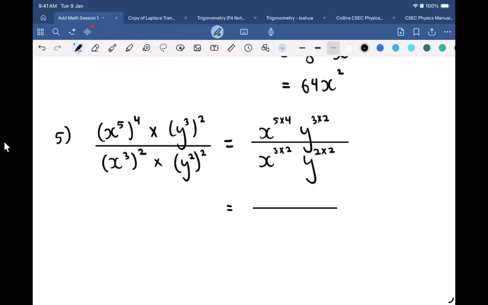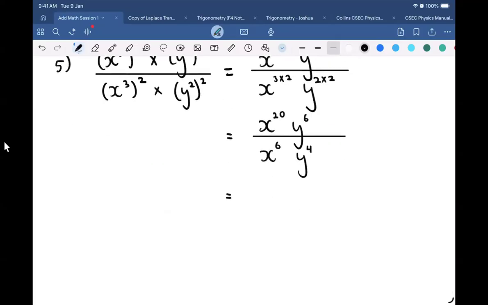Then in the next line I put x to the power of 20, then y to the power of 6, and in the denominator x to the power of 6 and y to the power of 4. And since it's division, you subtract, so x to the power of 20 minus 6 and y to the power of 6 minus 4. My final answer, I got x to the power of 14 and y to the power of 2.